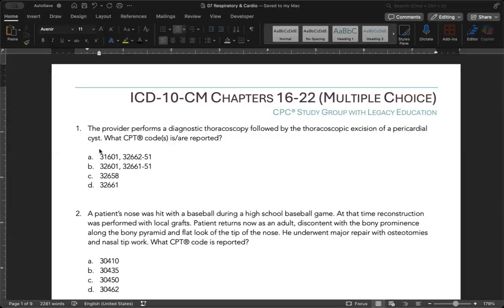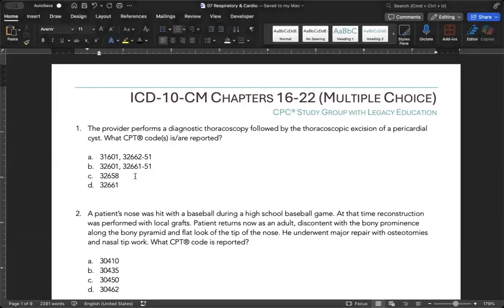So 32662 is again our thoracoscopy surgical with excision of a mediastinal cyst, tumor, or mass. And then 32663, I'm sorry, 32661. We do have two for 32661. 32662 is with excision of mediastinal cyst, tumor, or mass.